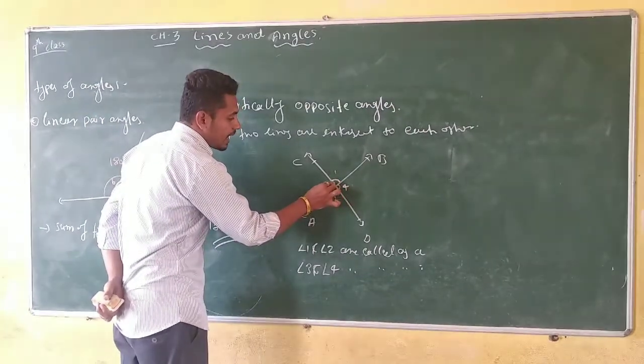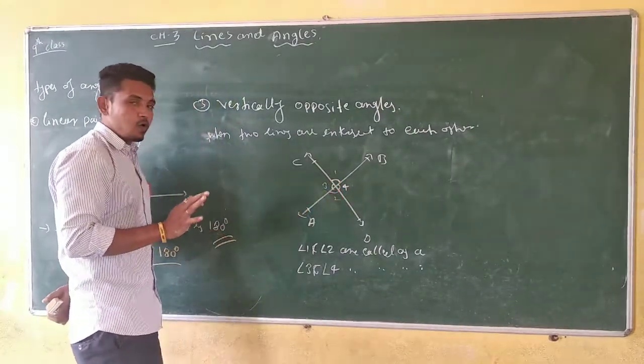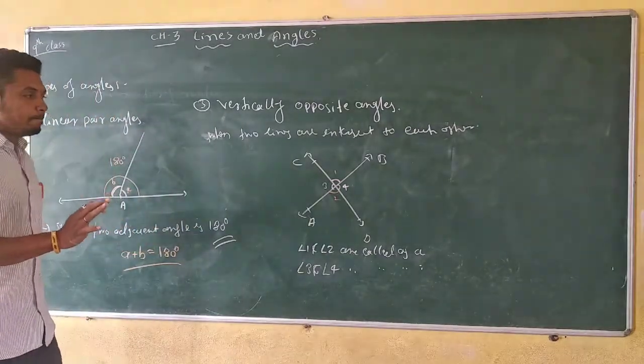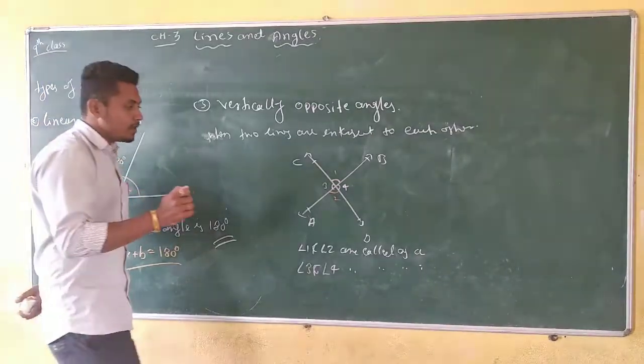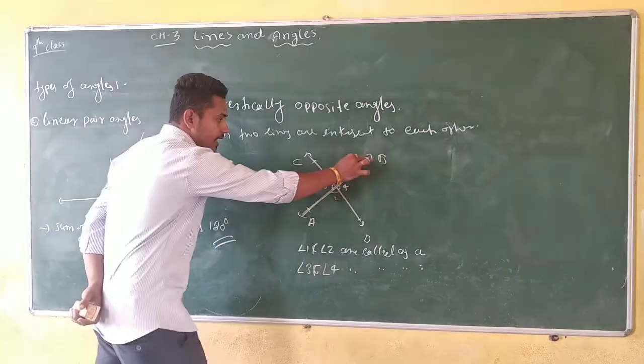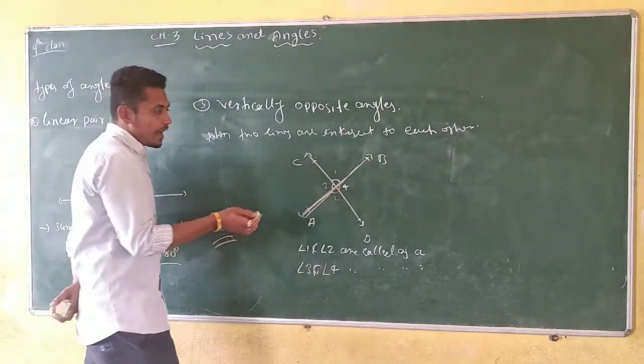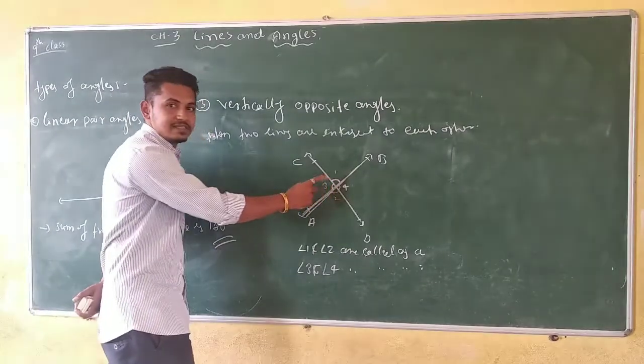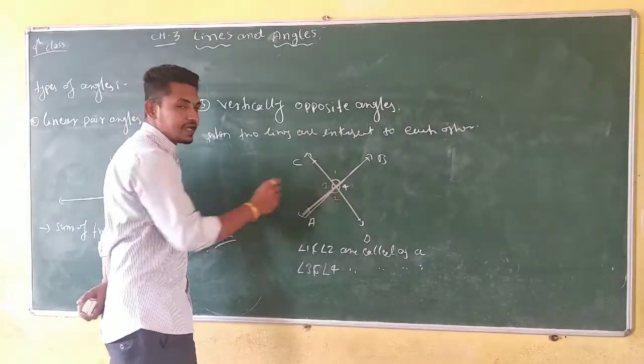Angle 1 and angle 3 are called a linear pair of angles. Why? Because this is one straight line, and a straight line has 180 degrees, so the sum of these two adjacent angles is 180 degrees.